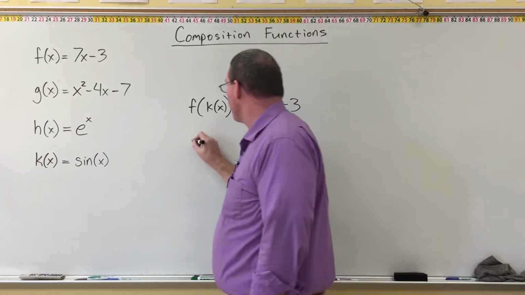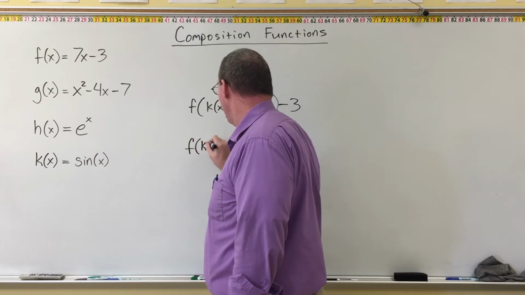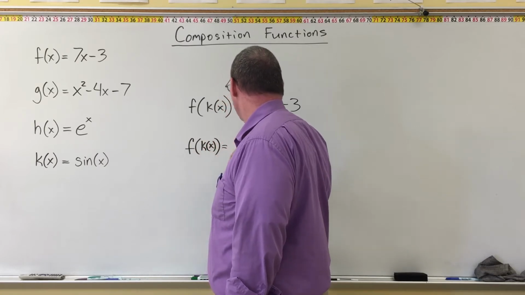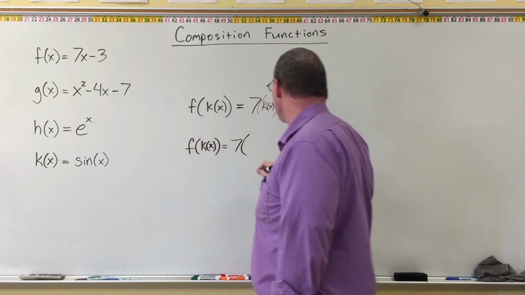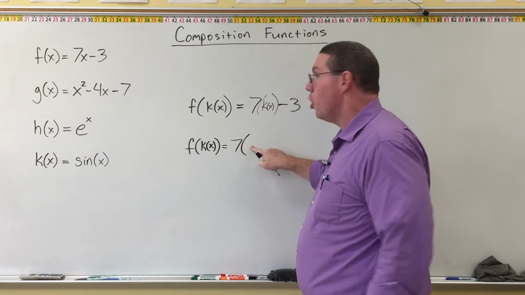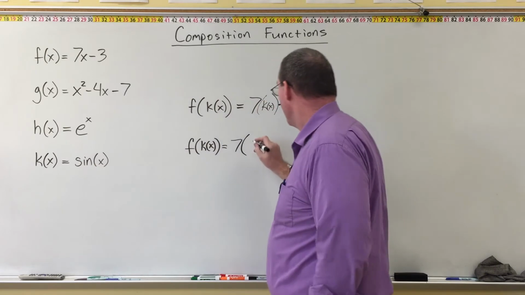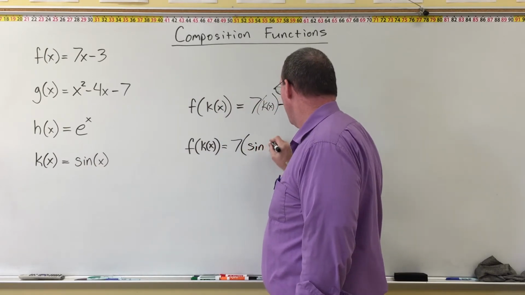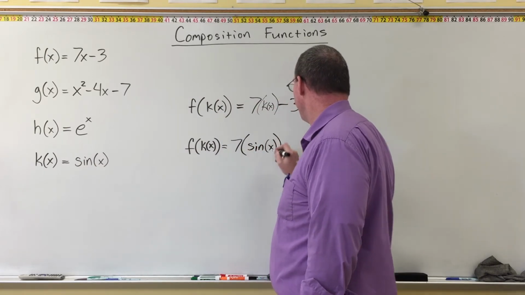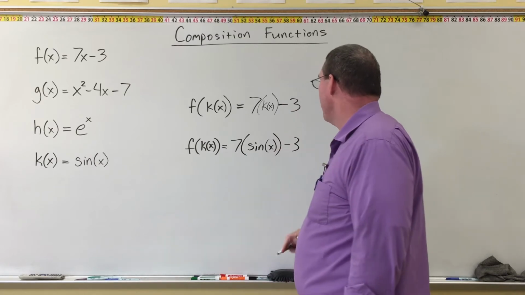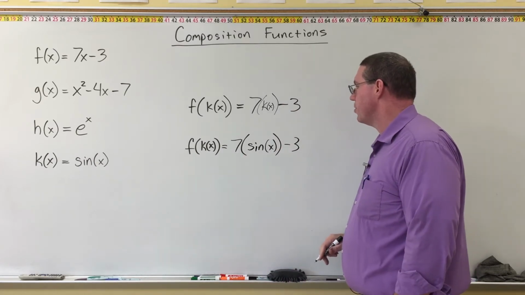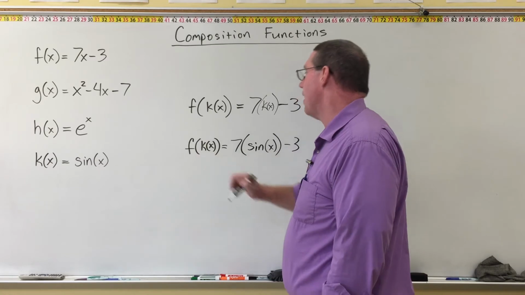So now we'll say that f of k of x is equal to 7 times, now instead of putting k of x here, we're going to put what k of x is, which is sine of x. So we're going to put a sine of x in here, minus 3. Okay? And this now is the composition function f of k of x.